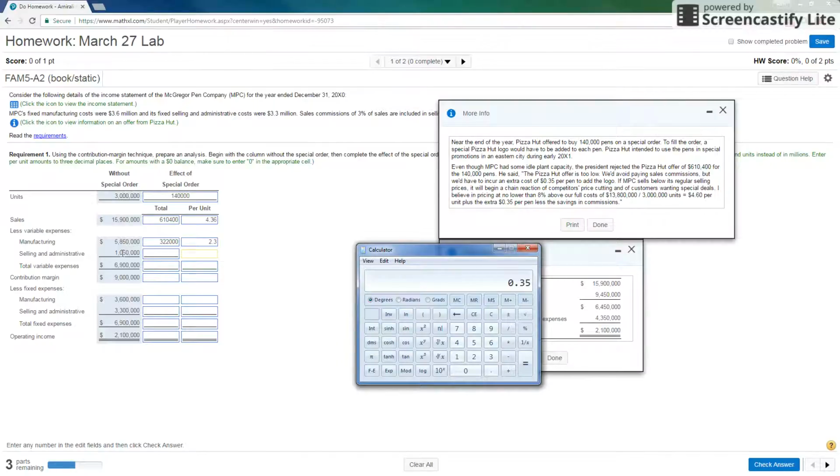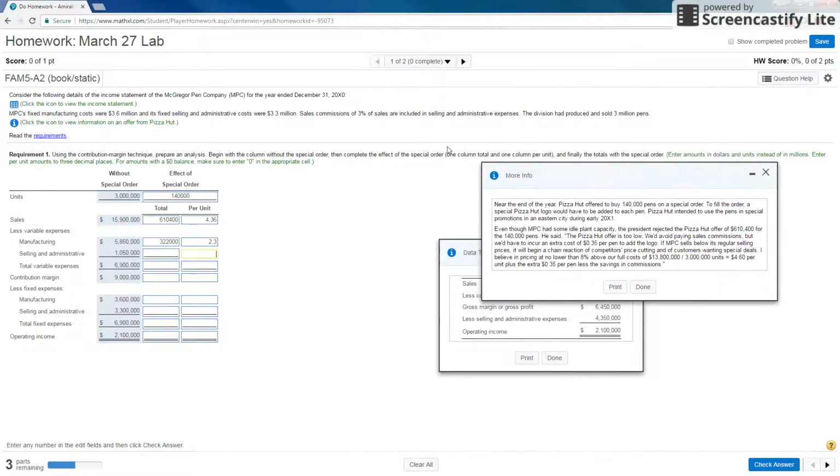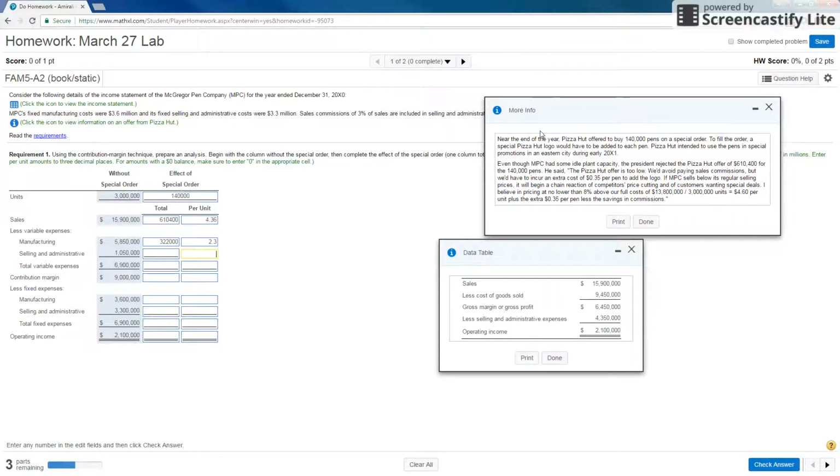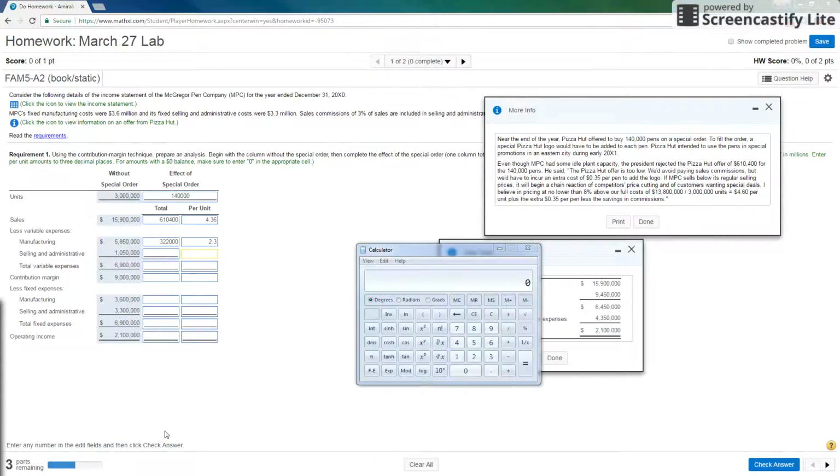But again, there is no commission regarding these pens, so I have to take out the commission that they are paying. The commission is 3% of sales, also included in that. So 3% of this number, divided by the number of units, will be the number that we are looking for.